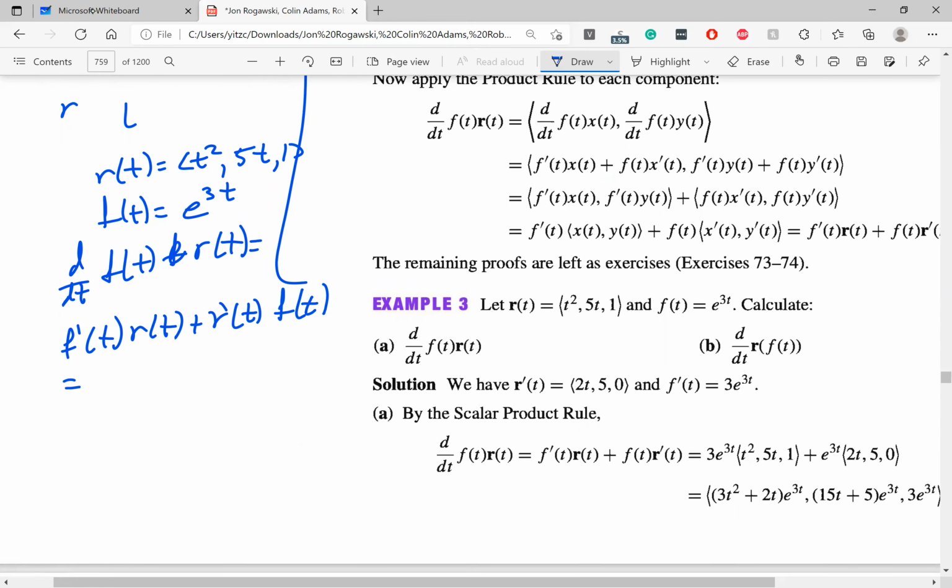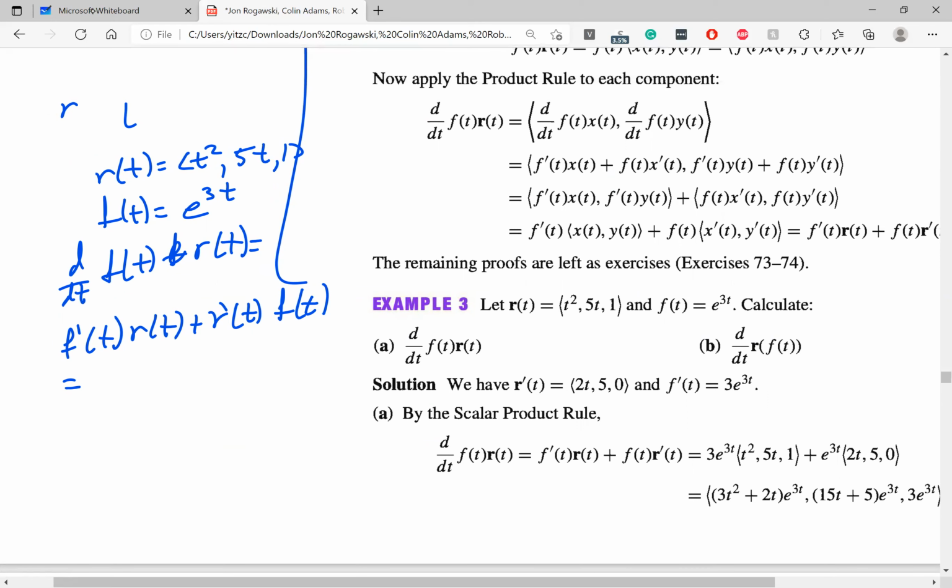So the derivative of f of t is 3e to the 3t. And then you just multiply this by t squared, 5t, and 1.